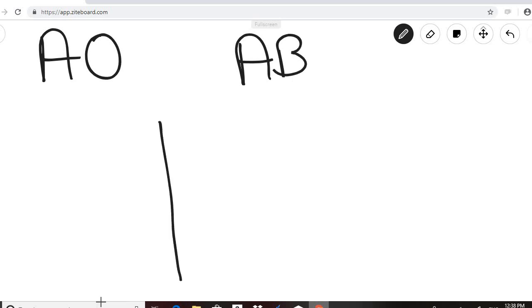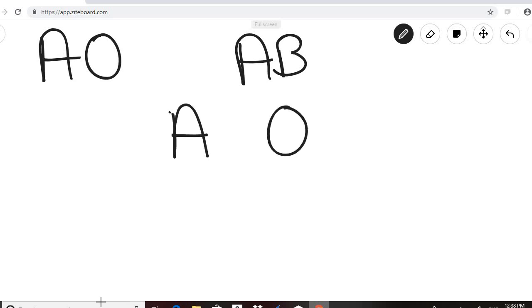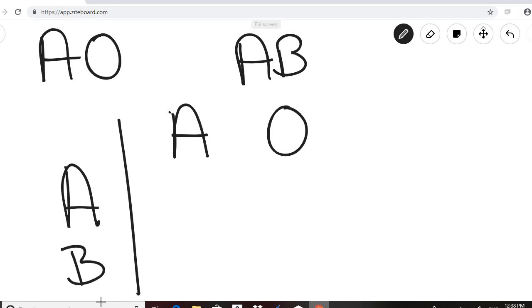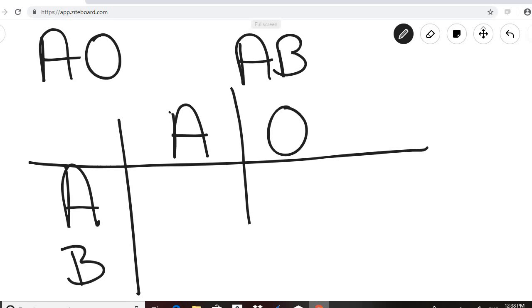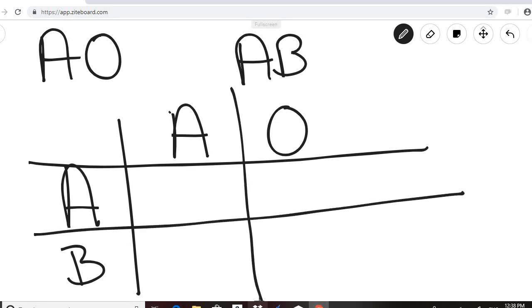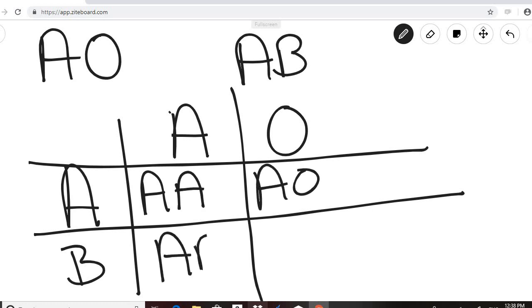Okay, so we're going to put these two alleles on the top, and we'll put the other two alleles on the side, and then we'll draw our Punnett square and see what the offspring would look like. So this one would be AA, this would be AO, this would be AB, and this would be BO.